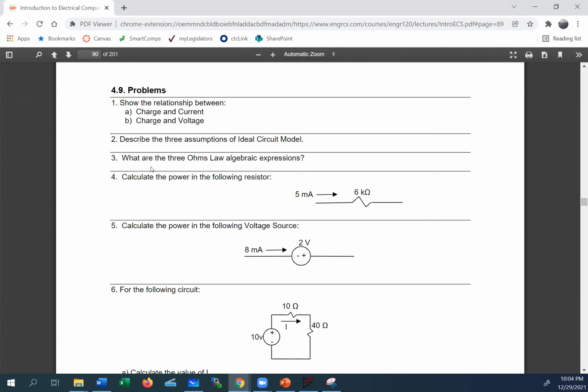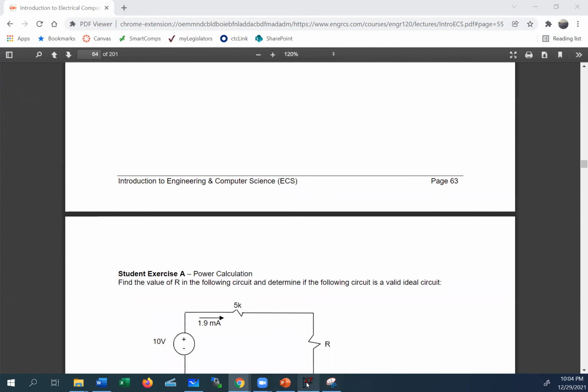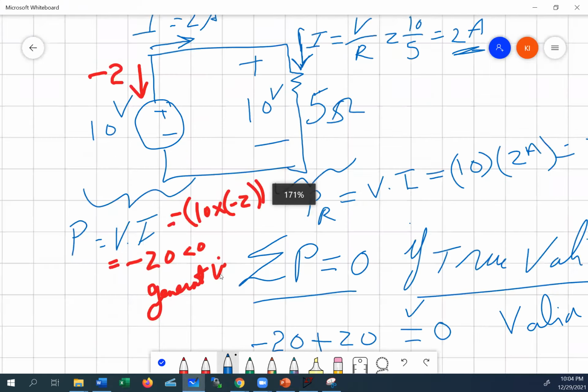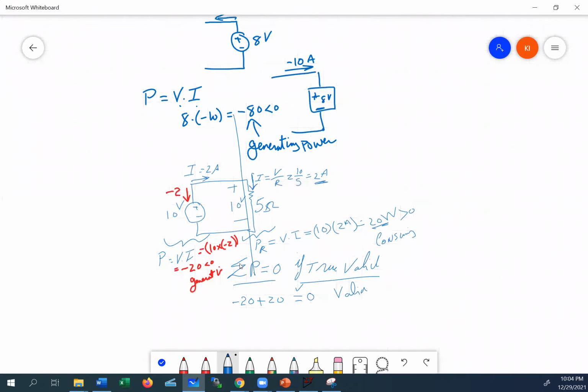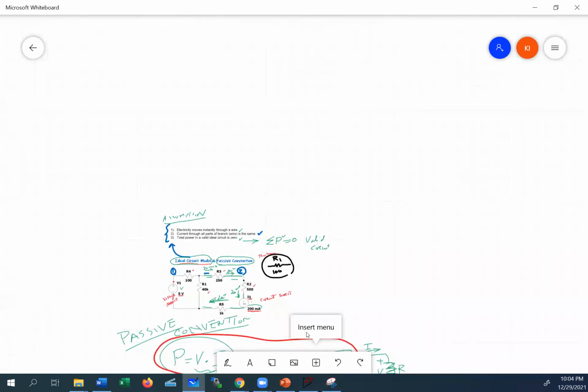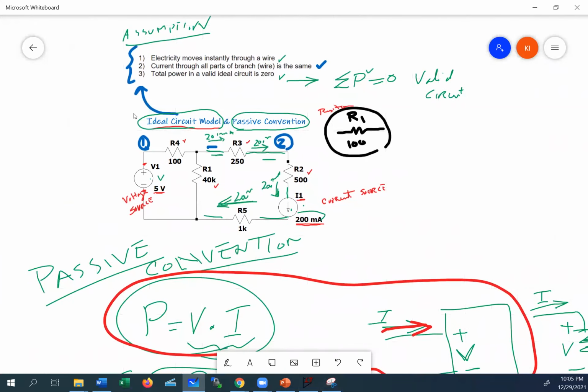That brings us to the end of the video, which was covering 2 things. The ideal circuit model and the 3 assumptions that go with it.